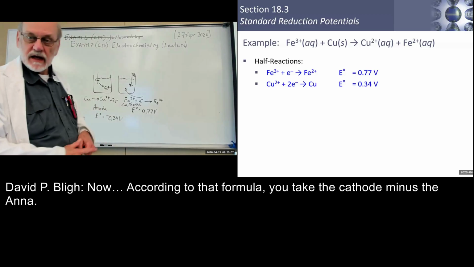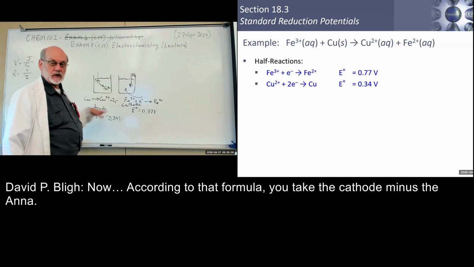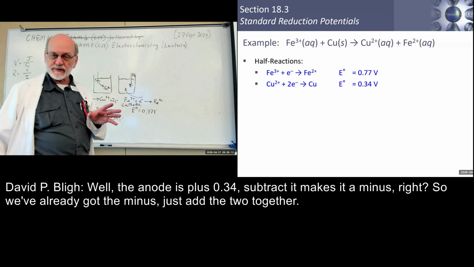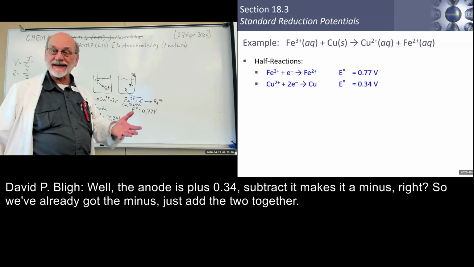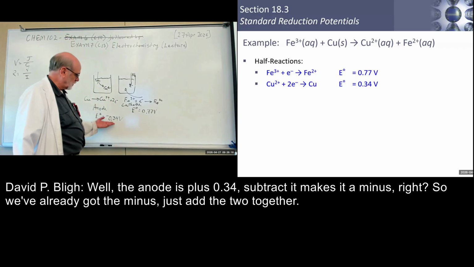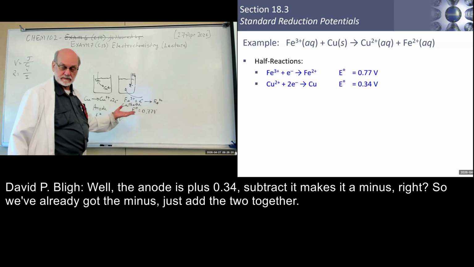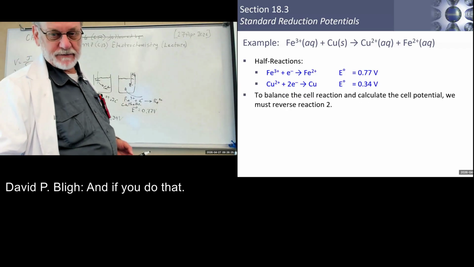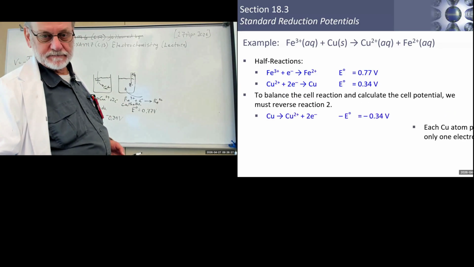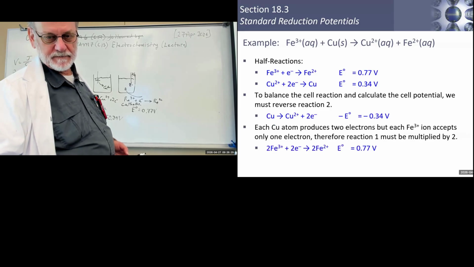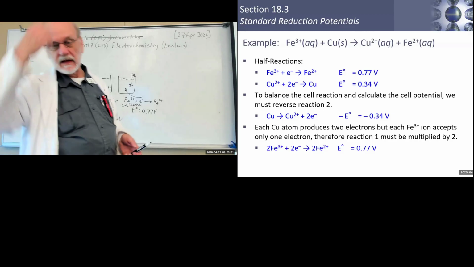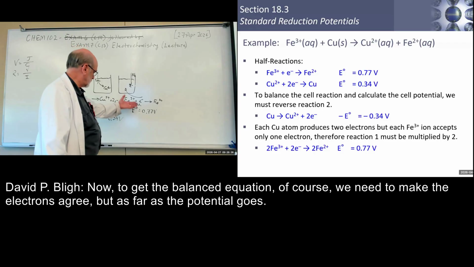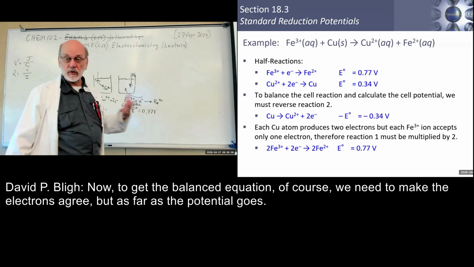Now, according to that formula, you take the cathode minus the anode. Well, the anode is plus 0.34, subtract it, makes it a minus, right? So we've already got the minus, just add the two together. And if you do that, now to get the balanced equation, of course, we need to make the electrons agree.